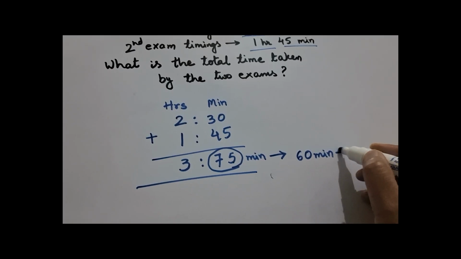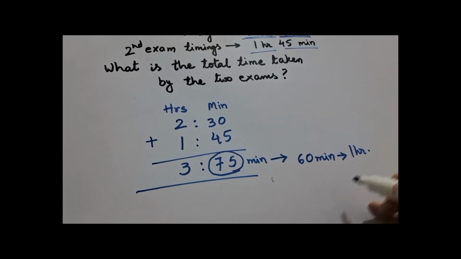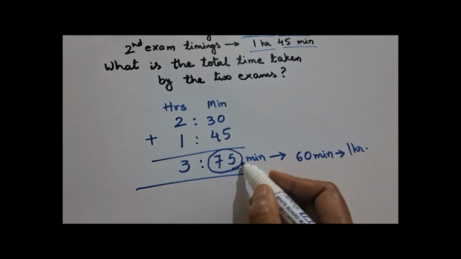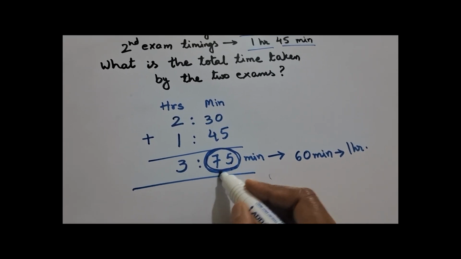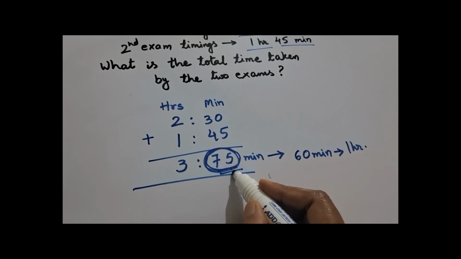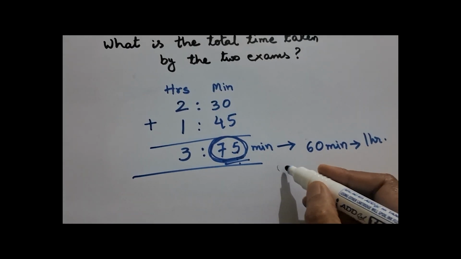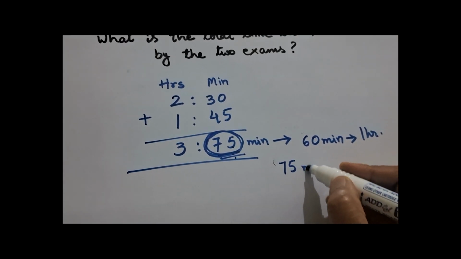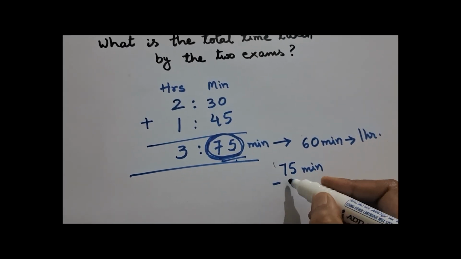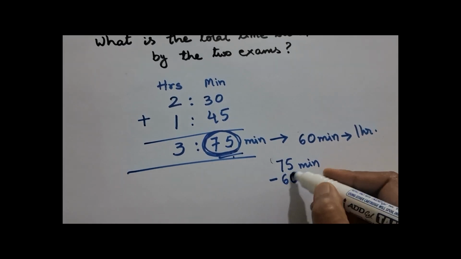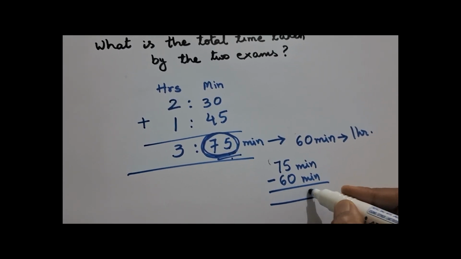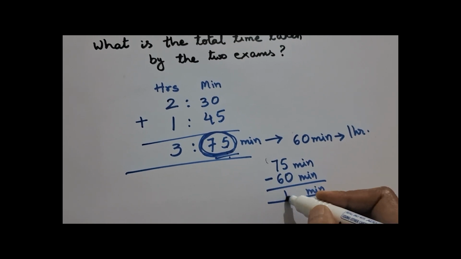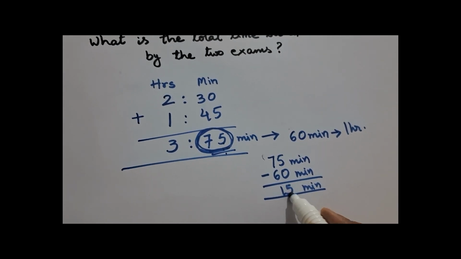60 minutes is equal to 1 hour. So here in this 75 minutes, 1 hour is there and 15 minutes is there. Now in this 75 minutes, if we subtract 1 hour from it, that is 60 minutes, then the remaining will be the minutes, 15 minutes.